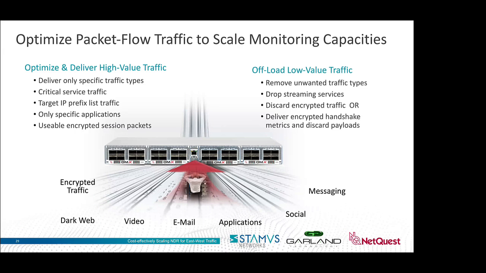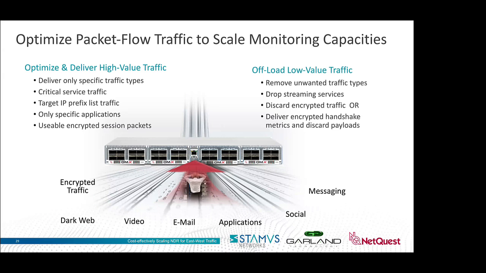Now, how do I optimize that and scale the ability for Stamus and other tools to be able to consume this data to extract the intelligence from that? So we want to focus on the high value traffic. How do we deliver just the traffic that matters? Try to make intelligent, automated decisions that this traffic is more monitorable, it's higher value, and take that low value traffic that we can't do anything with, and discard that or optimize that out of the equation.